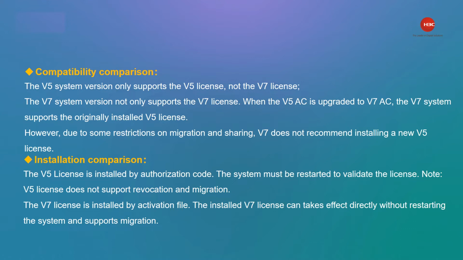It should be noted that the V5 license doesn't support revocation and migration. The V7 license is installed by activation file. The installed V7 license can take effect directly without restarting the system and supports migration.